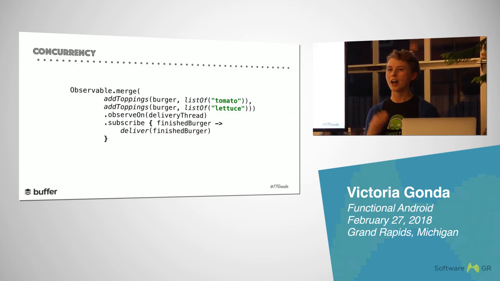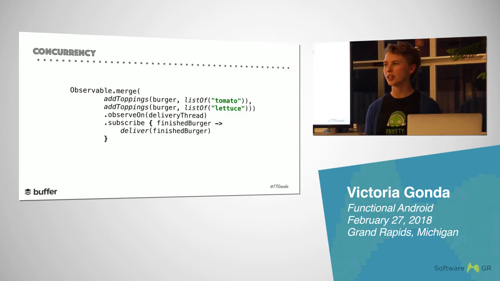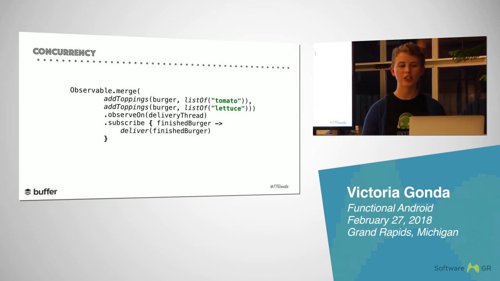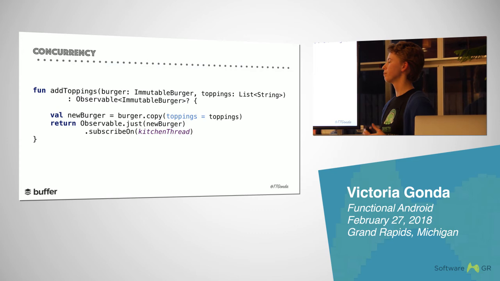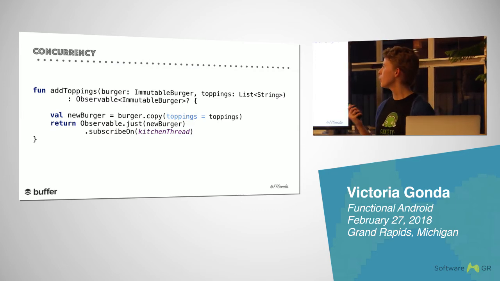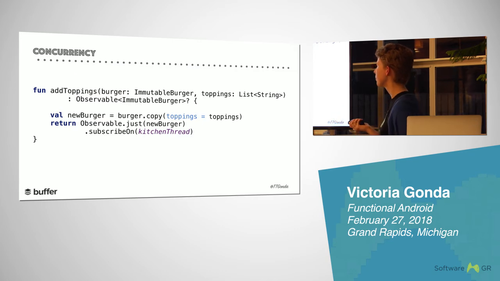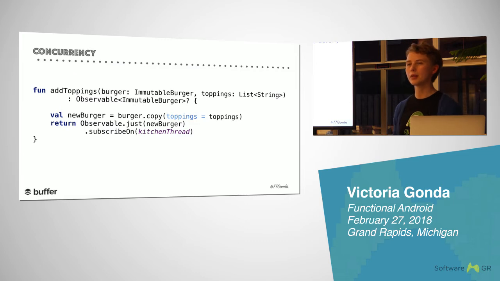So how does this change if we use our immutable version of our burger, making it a pure function? Let's see how we can change that. Like I said before, each time we called add toppings, each on different threads, we were modifying the same burger. Here, we're now using our immutable burger, and in order to add the toppings, we have to make a copy of it.